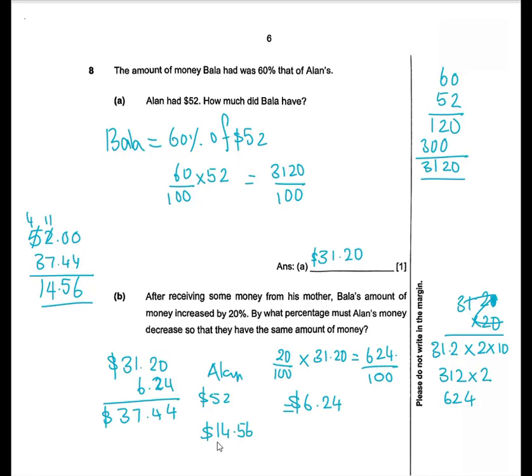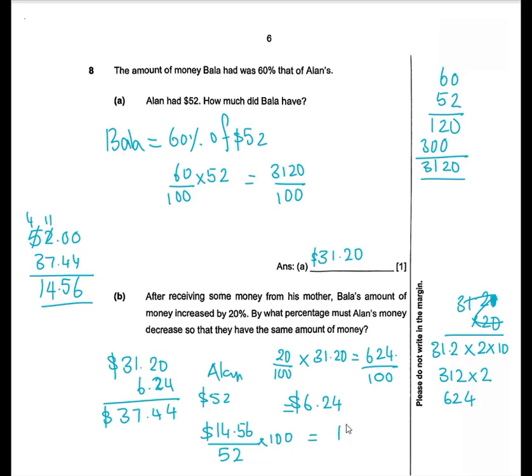And this is what percentage of 52? This is given by 14.56 out of 52 times 100. That will give you the percentage of 52 that this 14.56 represents.